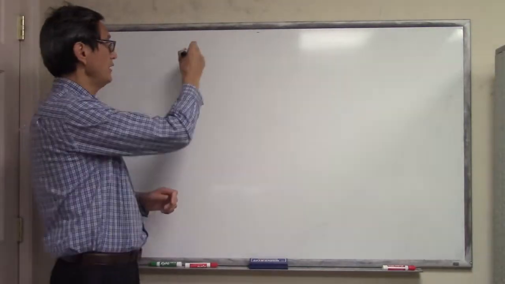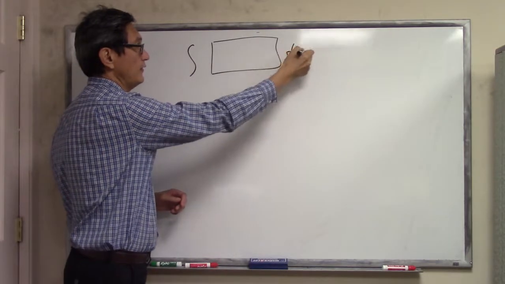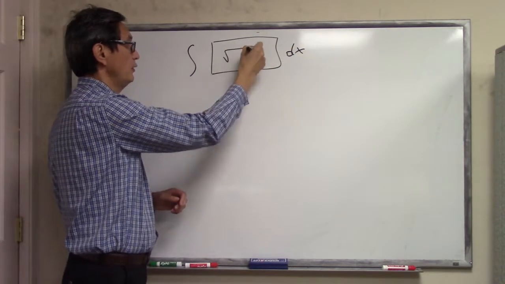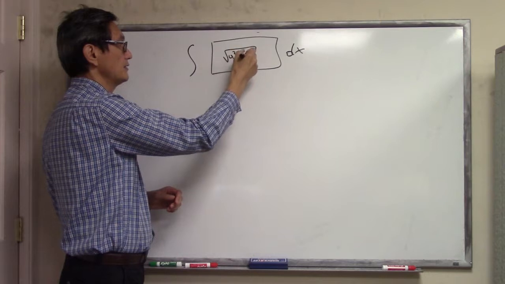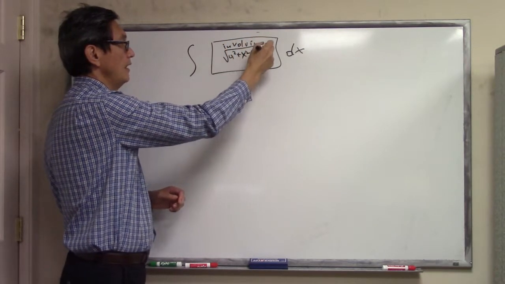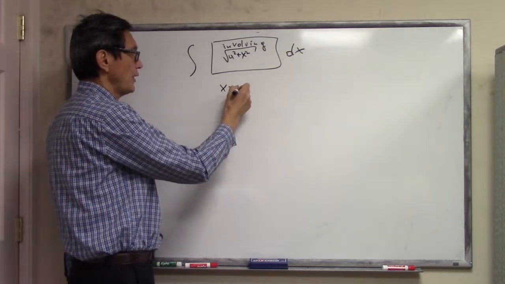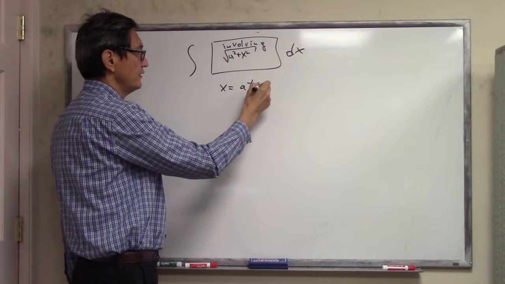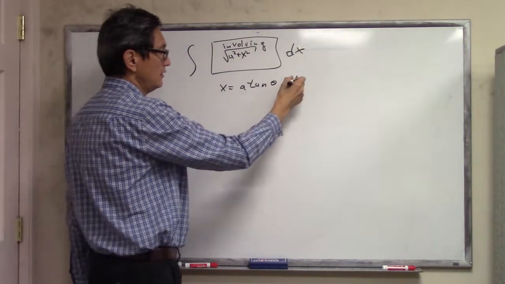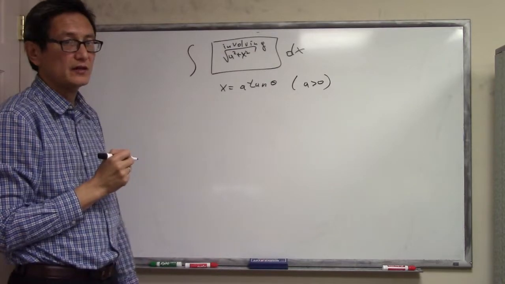To summarize, here we have an integral, and inside of that integral we have an expression which involves the square root of a squared plus x squared. Then we want to do trig substitution: x equals a tangent theta. Here we'll assume that a is positive. Then we do that substitution.